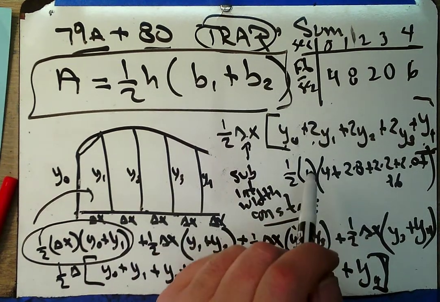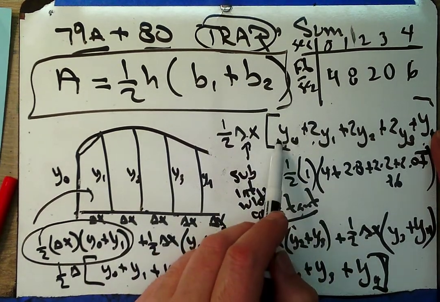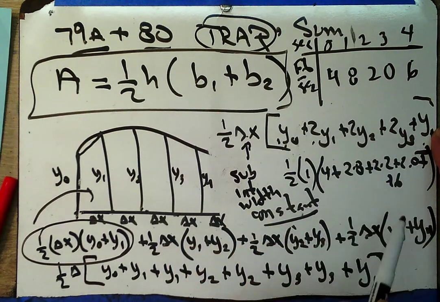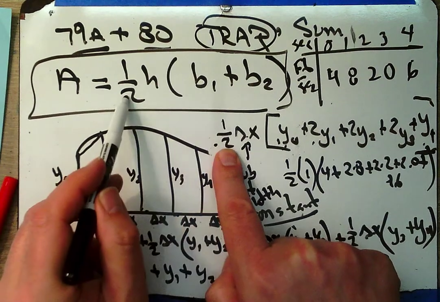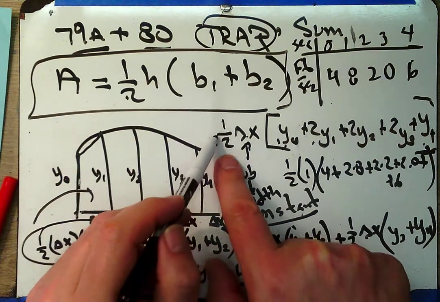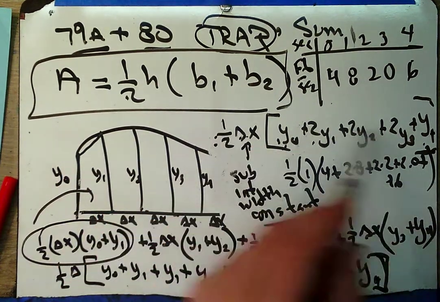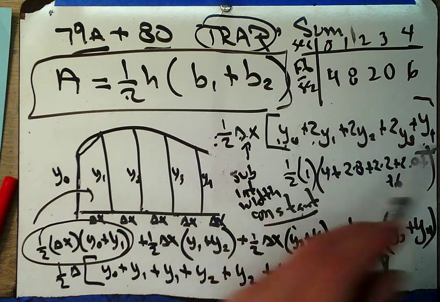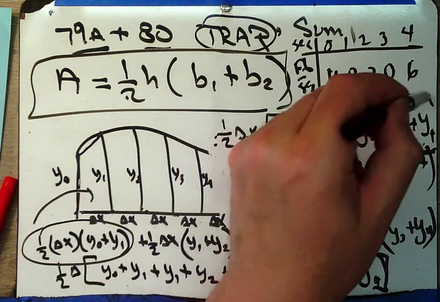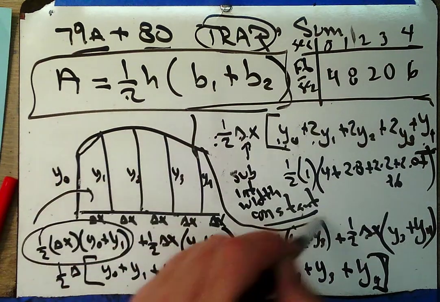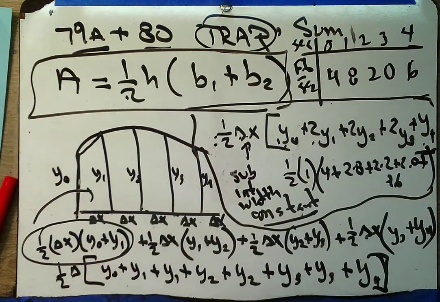It saves a lot of time. 1 of the first and last heights plus 2 of all the middle ones, times, don't forget this is a trapezoid, 1/2 base times height. I'm sorry, 1/2 height. And this represents all my B1 plus B2s that I'm looking at down here. All right, so shortcut, but the shortcut only works when we have a consistent subinterval width.